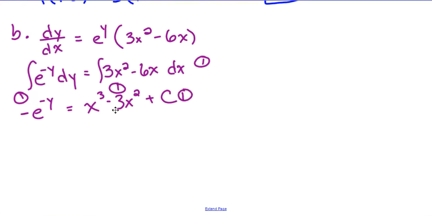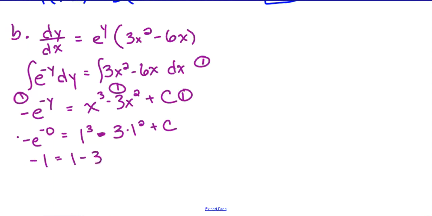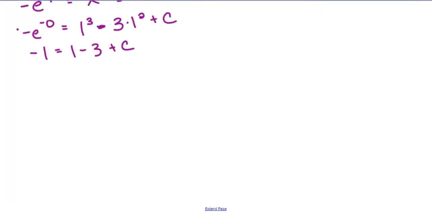All right, now we have to use that plus c. So we've got to plug in our initial condition, which in this case was 1, 0. So the y is 0, the x is 1, whoops, minus. So e to the 0 is 1, but there was a negative in front of it. And we've got 1 minus 3 plus c.